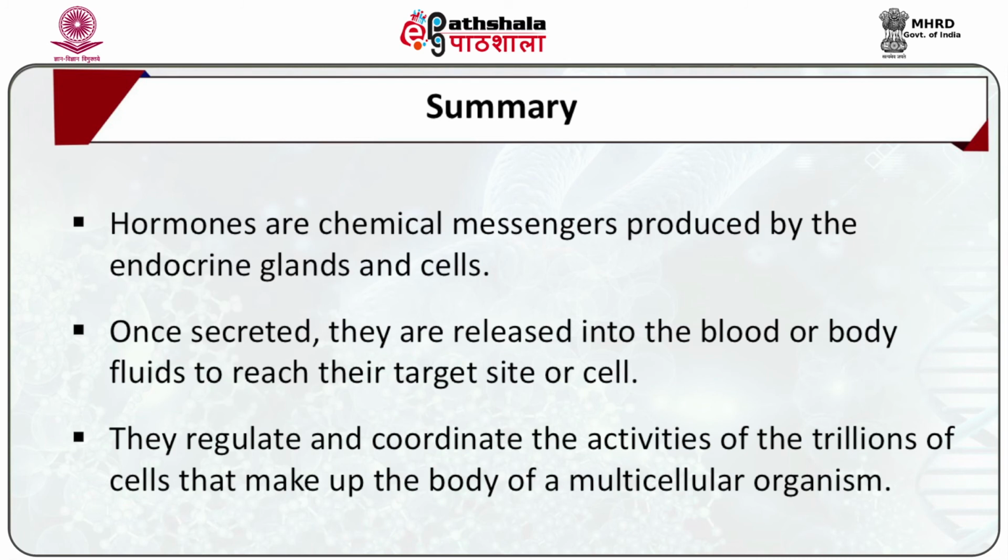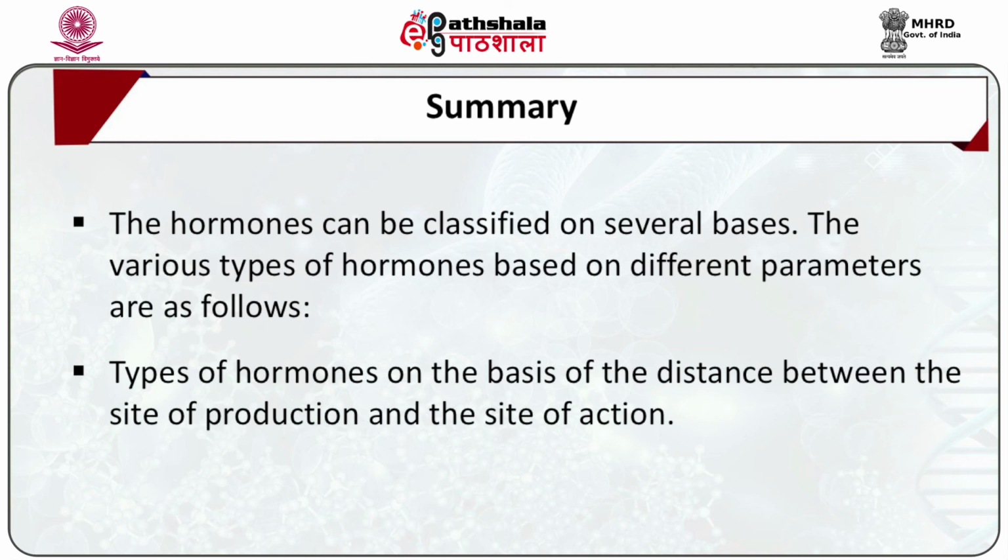Now coming to the summary part, hormones are chemical messengers produced by the endocrine glands and cells. Once secreted, they are released into the blood or body fluids to reach their target site or target cell. The hormones can be classified on several bases. The various types of hormones based on different parameters are as follows.